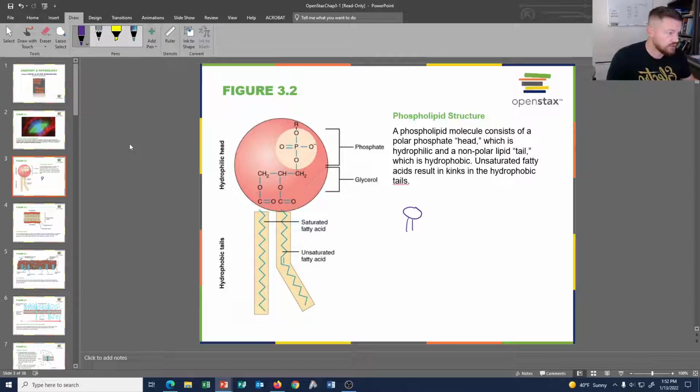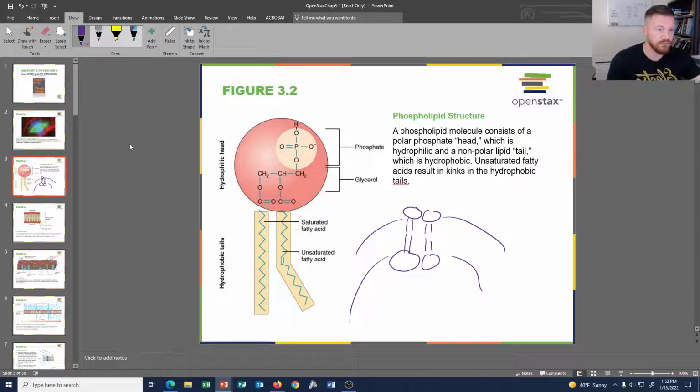And if these heads are water-loving, they want to be attracted to the water, and if these tails are water-fearing, they want to turn away from it. So if you have multiple of these phospholipids together, the tails will turn towards each other and the heads will turn away. If I had another one here, the head would be here, tails, tails, head. So on and so forth until you go all the way around and you build a membrane.